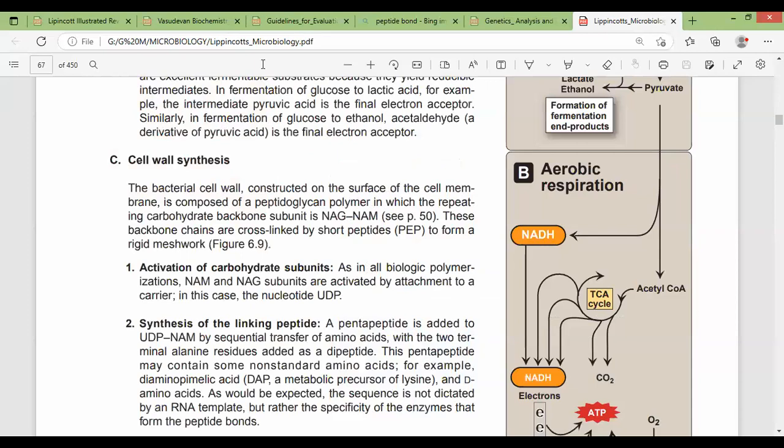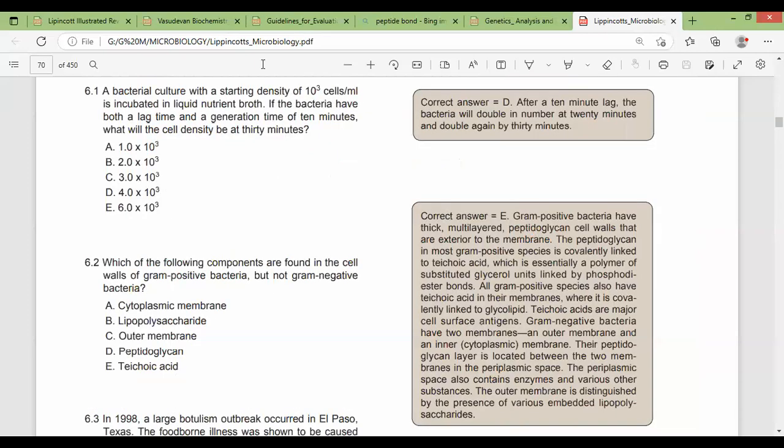Gram positive doesn't have porin on the outer membrane. In case such a question comes up. Thank you, Shina. Thank you.